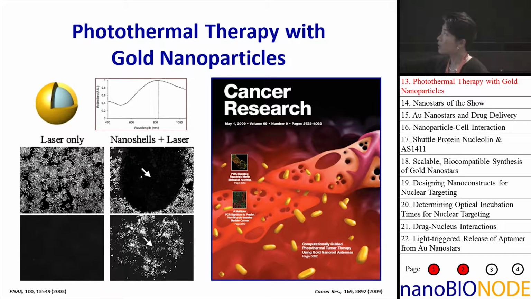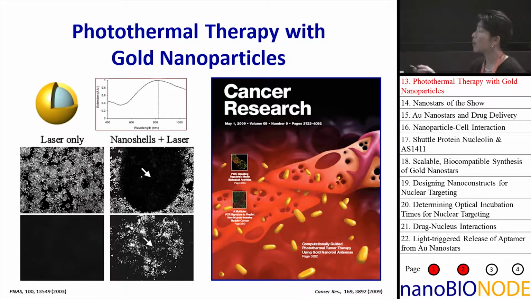And so what you can see is, this is a stain indicating that the cells are alive. So if you shine the laser only, then all the cells are alive. So the light itself doesn't do any damage or any noticeable damage at the dosages that they use. But then as soon as you shine light when you had nanoshells on them, then you just killed everything in your laser spot. So this is the first example, which was actually really, really nice.